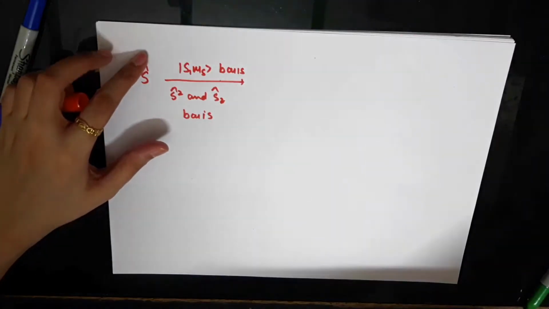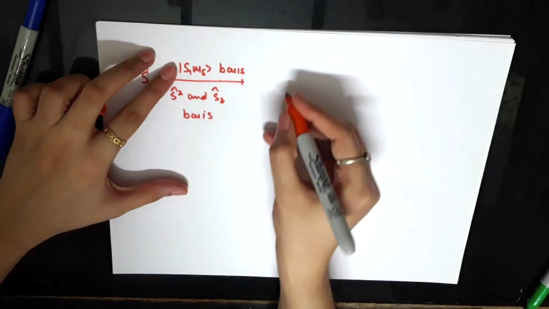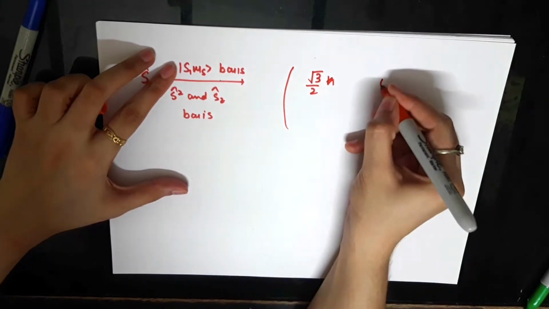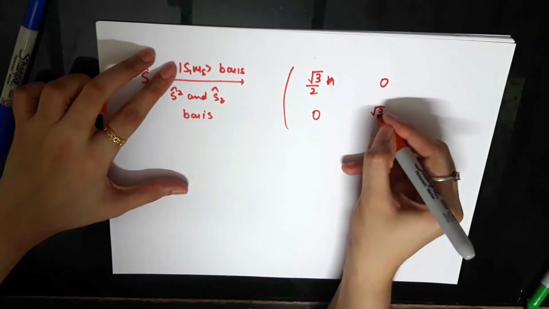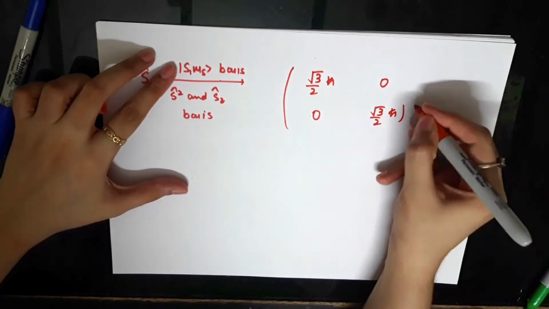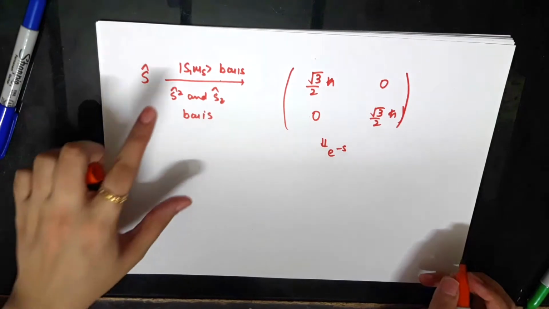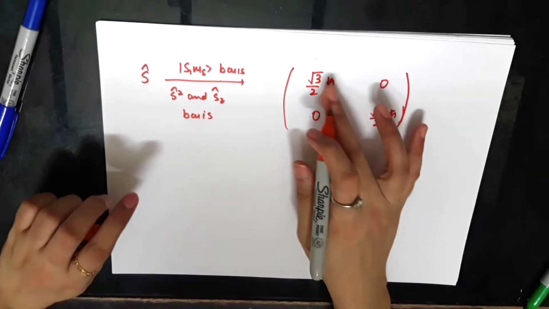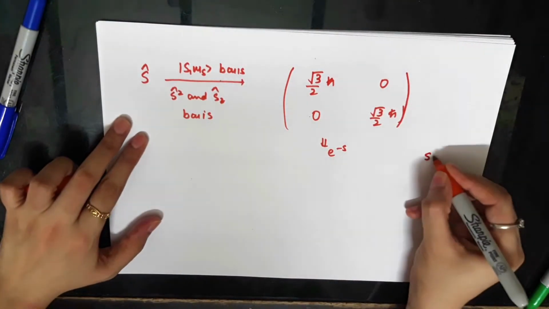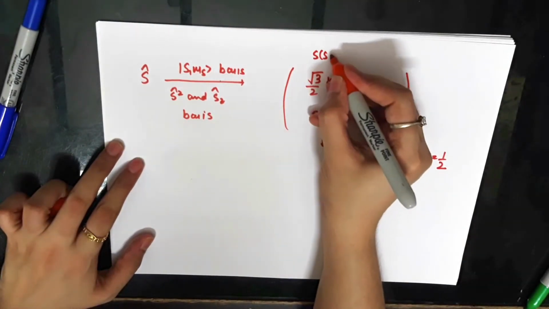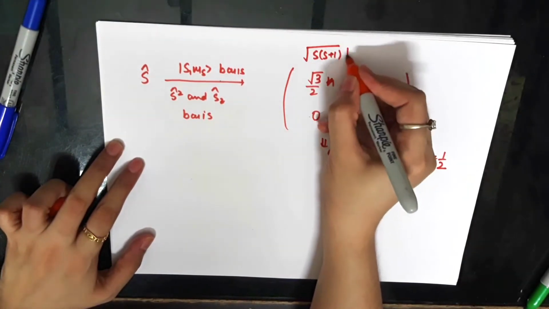So it could be written as root 3 by 2 h bar, 0, 0, root 3 by 2 h bar, and this is for the electron. So the total spin magnitude is root 3 by 2 h bar, but the small s is half, and these are the square root of s into s plus 1, times h bar.